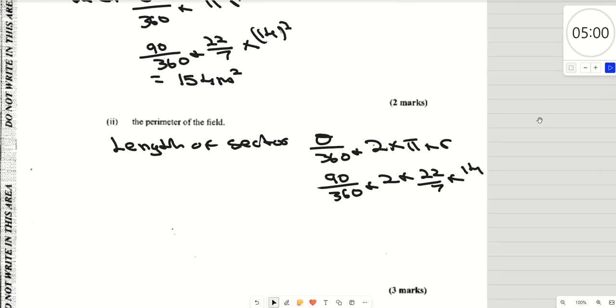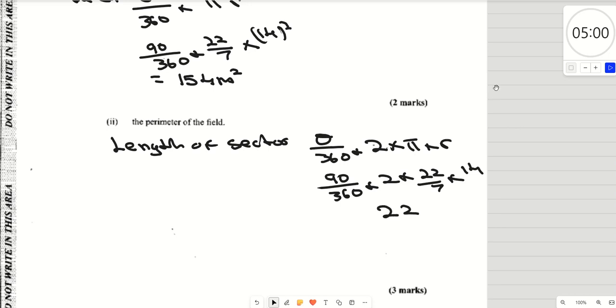Let's just do this really quick. That's 1 multiplied by 2 multiplied by 22 over 7 multiplied by 14. You're going to get an answer of 22.